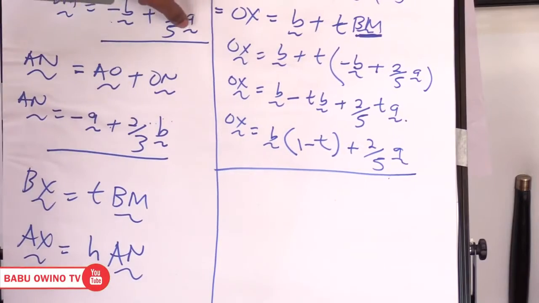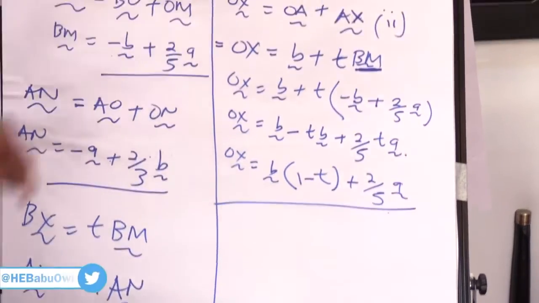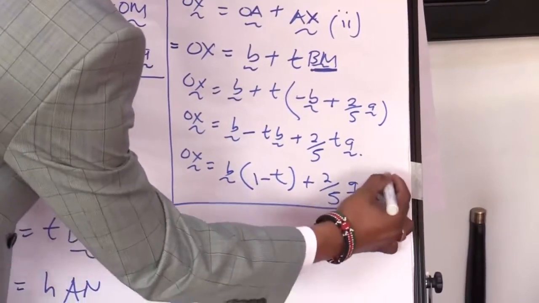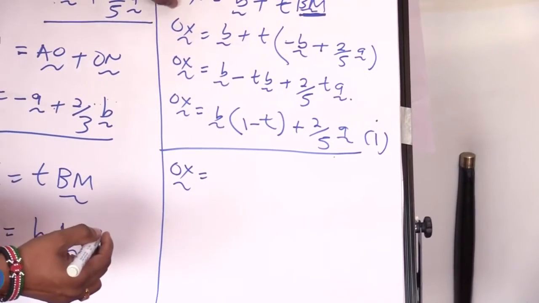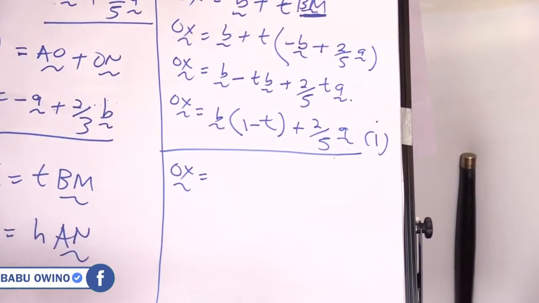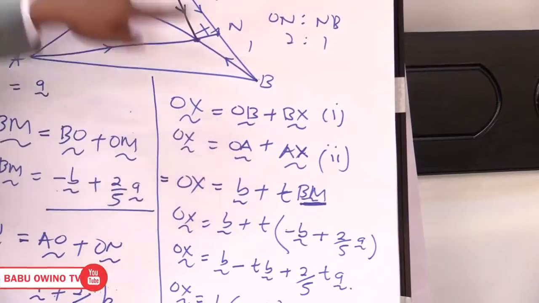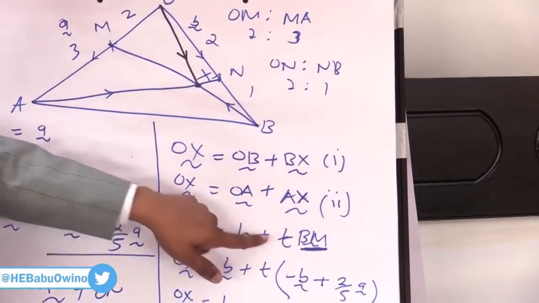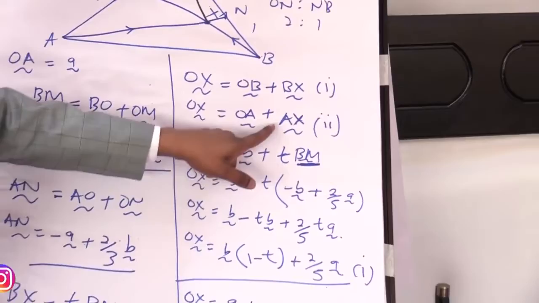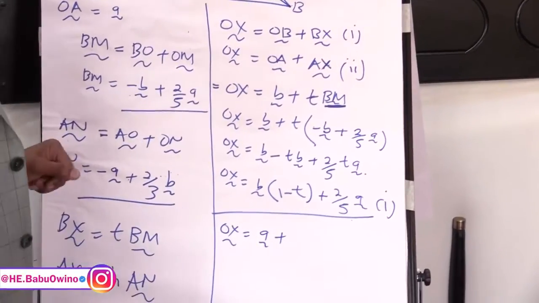Then again use this other route for OX. So this is 1, then again OX for 2. The second one, you say OX is OA. OA is A plus AX.